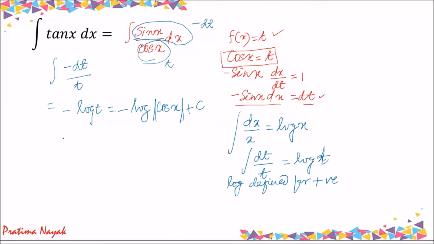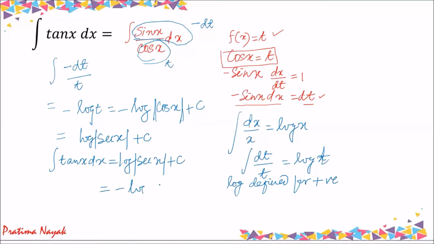Or I can write this as log |sec x| plus c. If I do not want to write negative, I'll write log |sec x| plus c. So the integration of tan x is equal to either log |sec x| plus c or minus log |cos x| plus c.